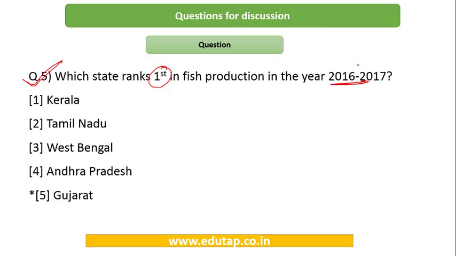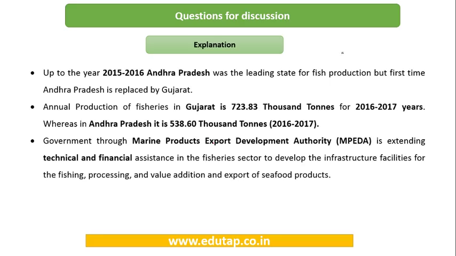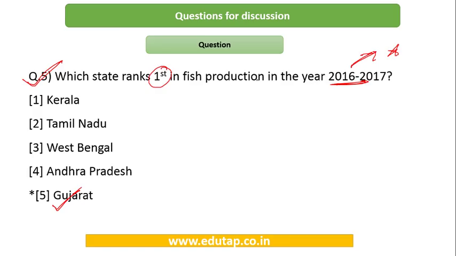As per this data, it is Gujarat. Andhra Pradesh had been leading up to 2015-16, and this is an important development where Gujarat has taken the lead, so now we can say that Gujarat is the state that ranks first in fish production.